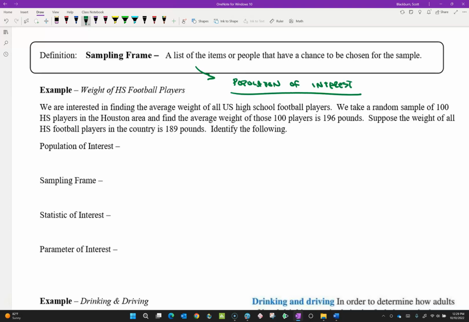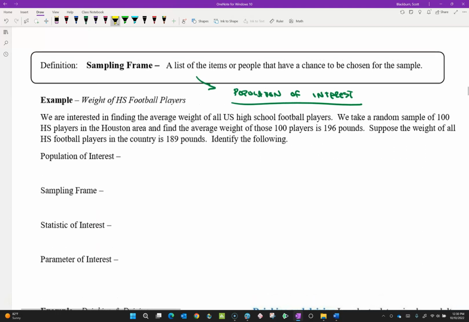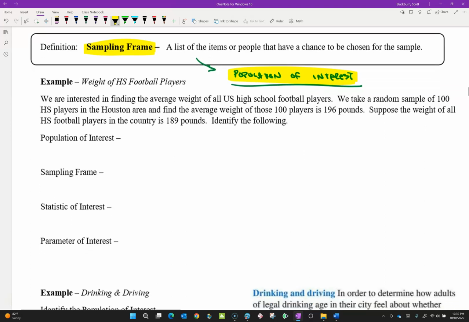Sometimes the sampling frame, the people that could be selected for the sample, is not necessarily the same as the population of interest. And that's where we're going to run into some major problems. We want the sampling frame to be exactly the same as the population of interest. But if those two things don't match up, that's when we can sometimes run into problems.